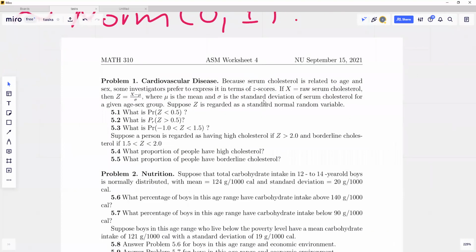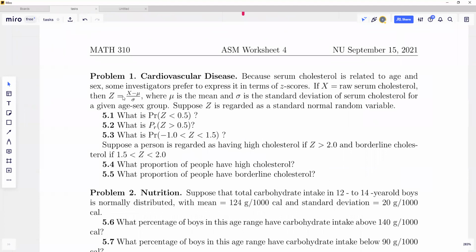And in this case, Z here is standard normal, and they apply this transformation to be able to compare values of serum cholesterol between two groups. So for instance, let's say males and females, they will have different means and standard deviations for raw serum cholesterol.